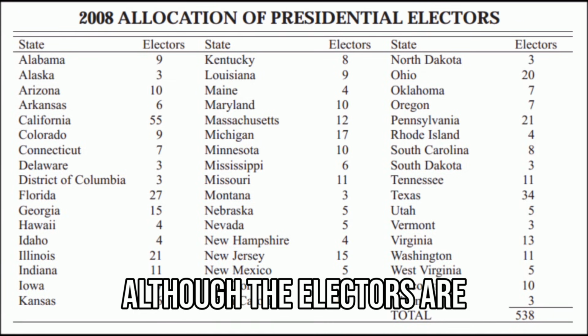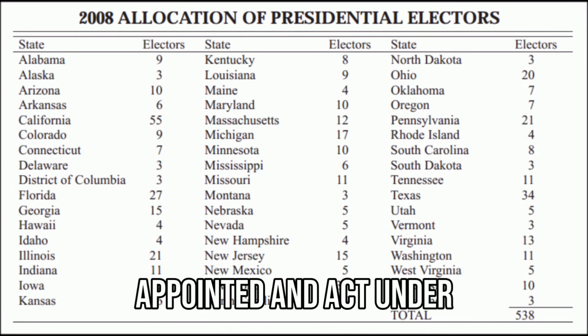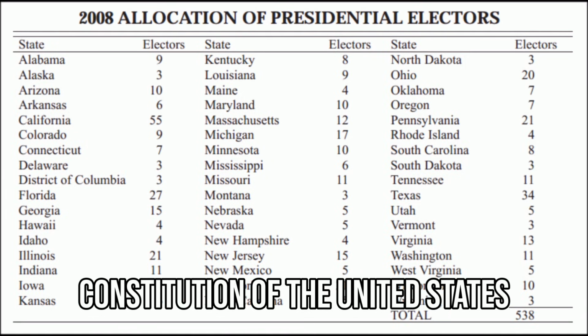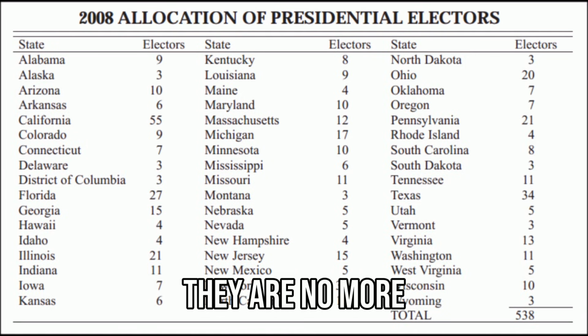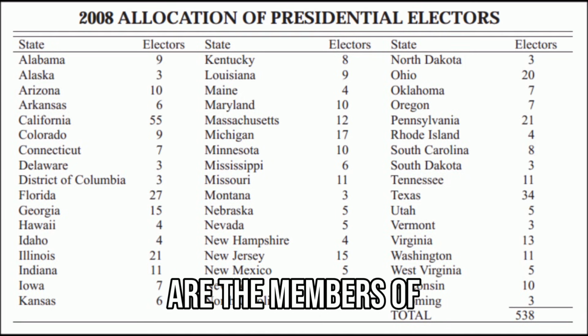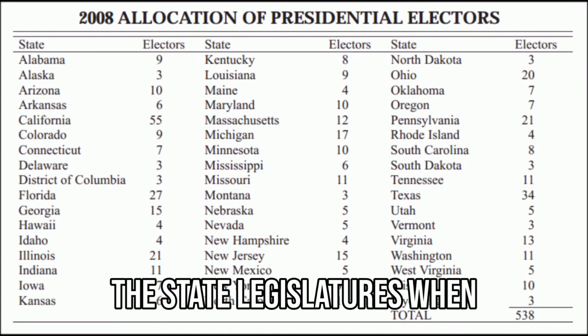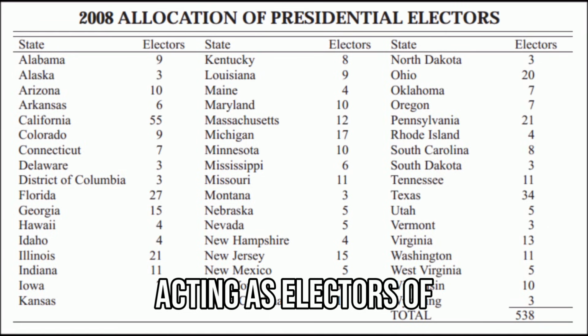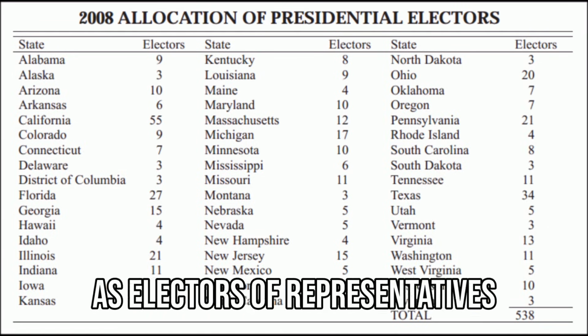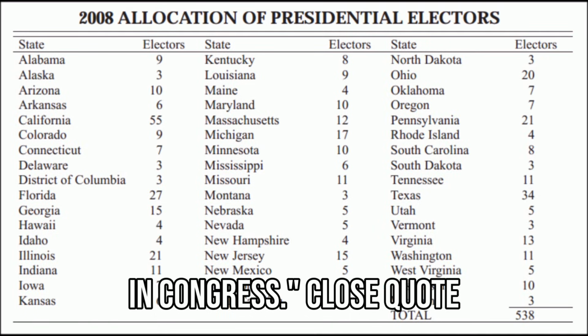Although the electors are appointed and act under and pursuant to the Constitution of the United States, they are no more officers or agents of the United States than are the members of the state legislatures when acting as electors of federal senators, or the people of the states when acting as electors of representatives in Congress.